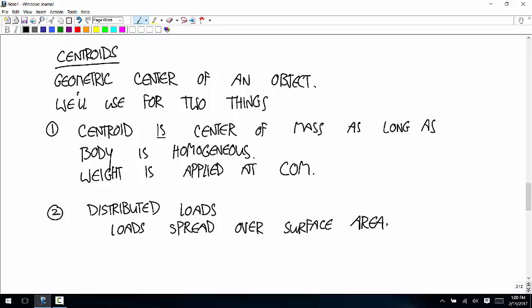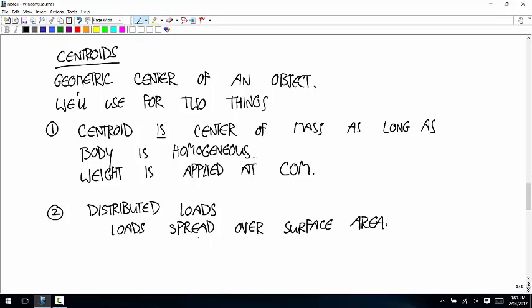And the problem is, mathematically, we don't really have a way to go straight into Newton's laws with distributed loads. So mathematically, we always have to treat these distributed loads like they're acting at a point. Well, if all you know is that 5,000 newtons is spread out evenly over this plate that you're measuring, how do you know where to apply that point force?